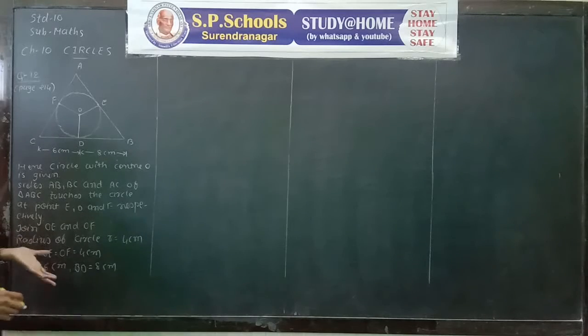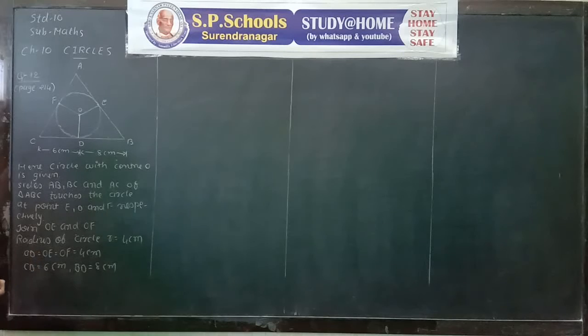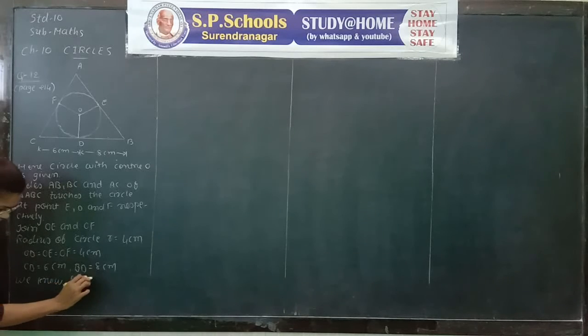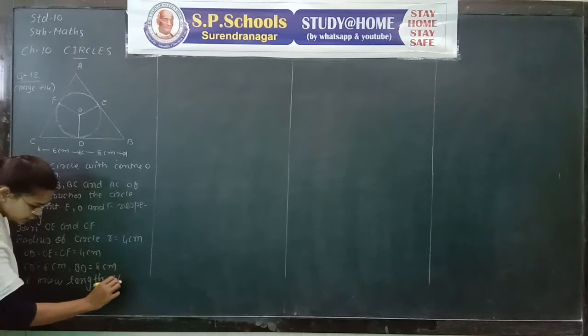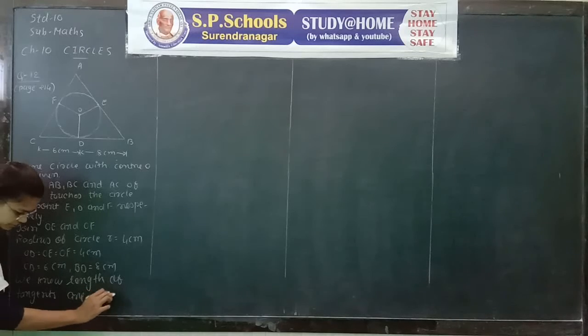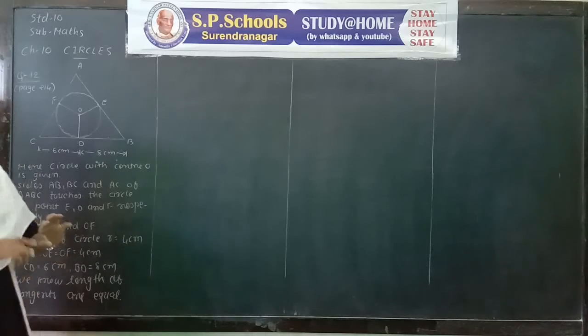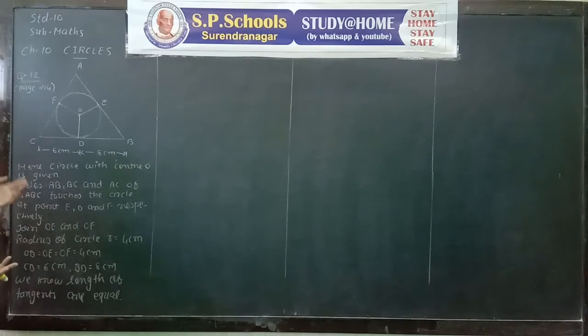Now, as we know from theorem 10.2, the lengths of tangents are equal. From the figure, A, B and C are 3 points lying outside the circle.